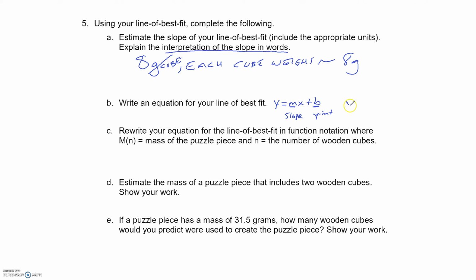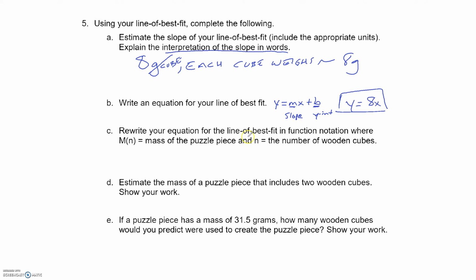Y would be equal to 8, which we said is the slope, x, and our y-intercept, we said in a previous problem, would be 0. So I don't need to put plus 0. Anything plus 0 is the same thing as what it was before. So y is equal to 8x. And again, I'm making up this number 8. That's not right. But I'm just showing you how to go through the problem.